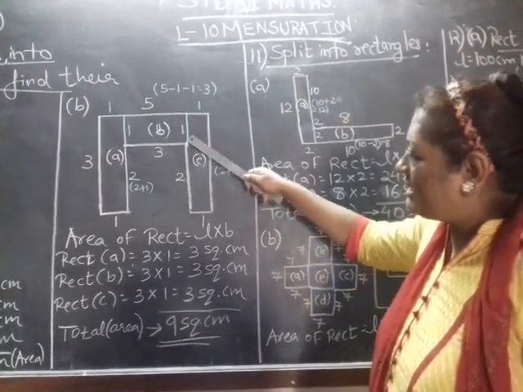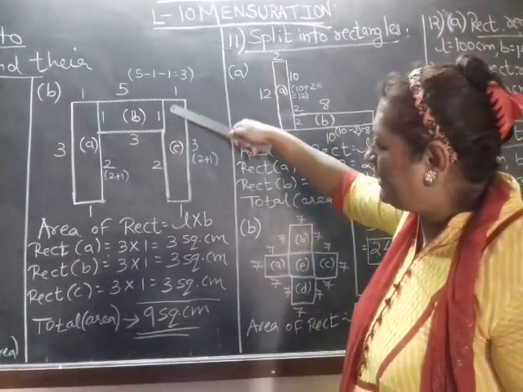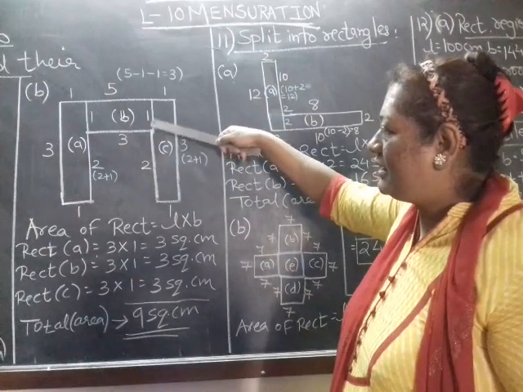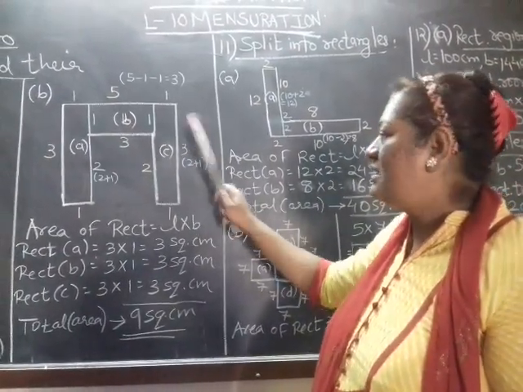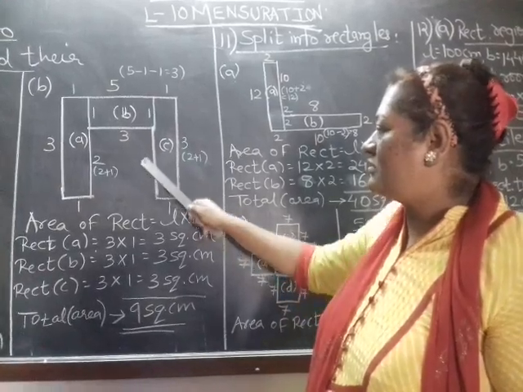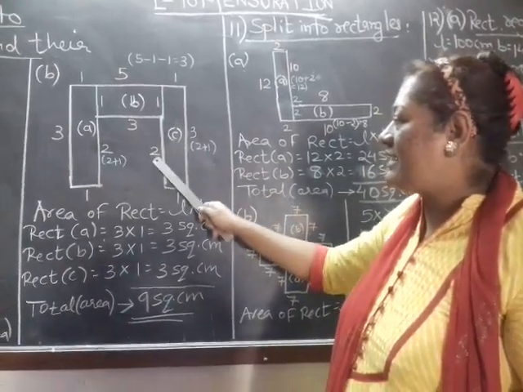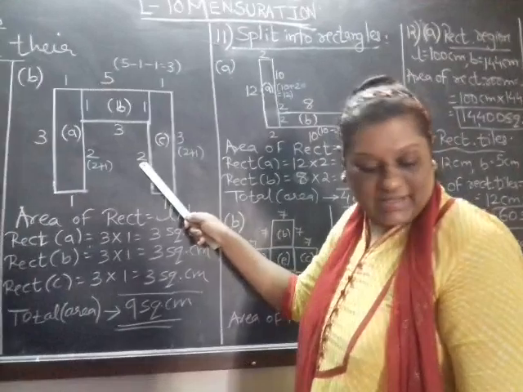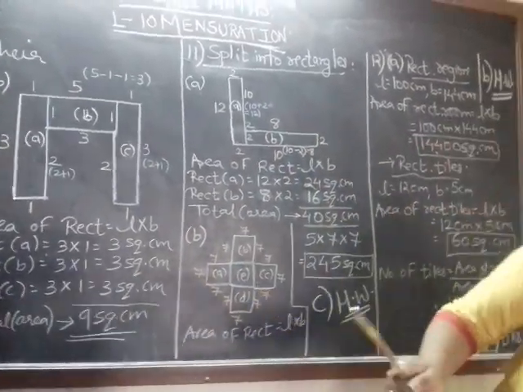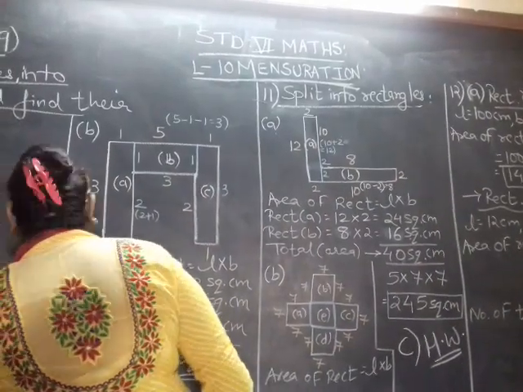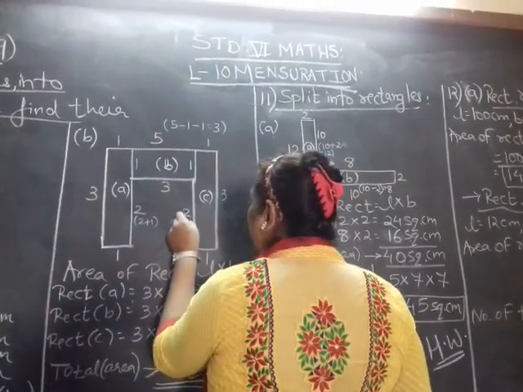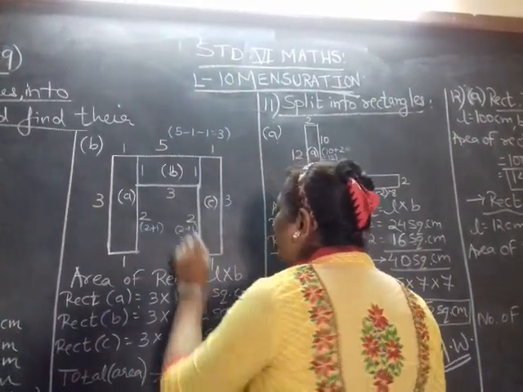So I extended this rectangle again from the inner side by 1 centimeter to make the lengths the same size, right? So now 2 plus 1, so this is already 3 centimeter, right? Actually I should make a note here. Here I have written 2 plus 1, so now this is 3 centimeter.